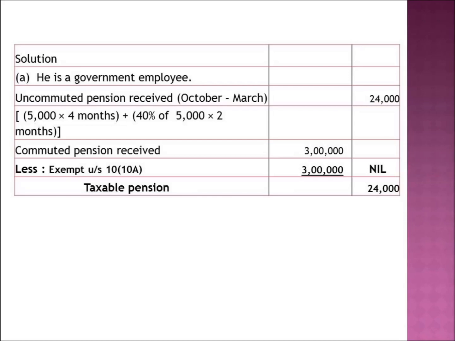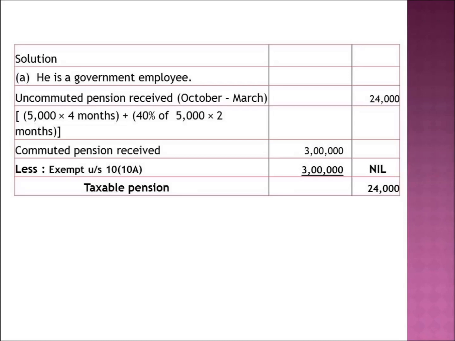So this amount of commuted pension received by Mr. Sagar will be fully exempt under section 10(10)(a). So this full 3 lakh will be exempted. So the tax on commuted pension will be nil.